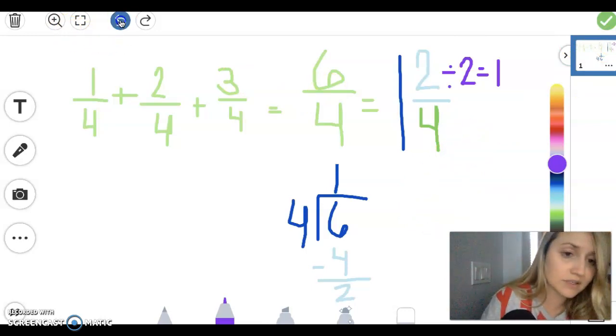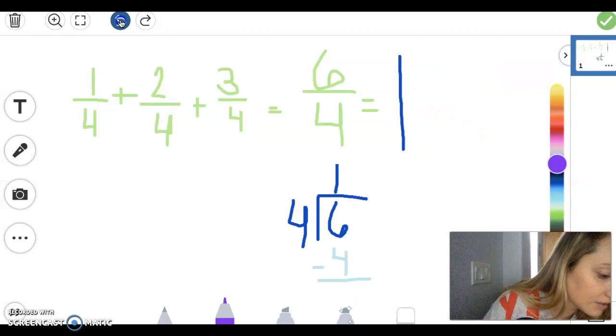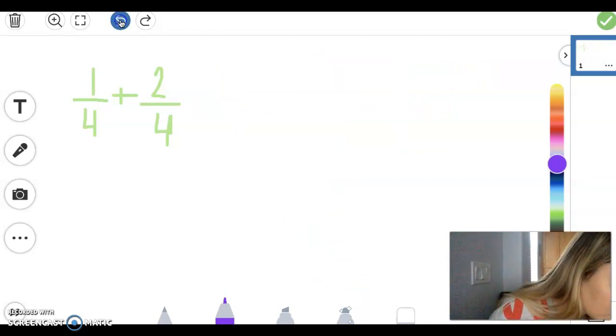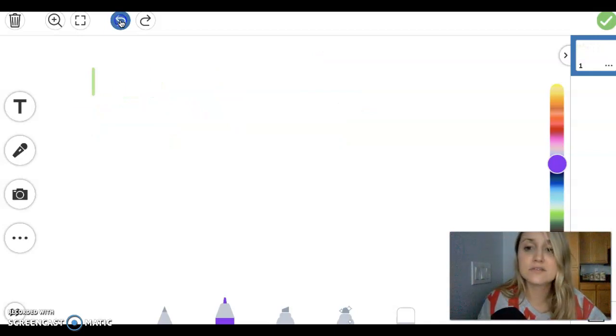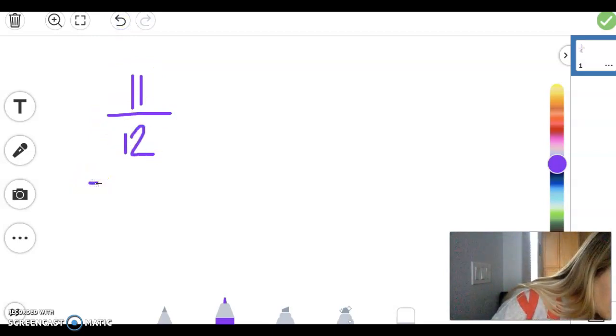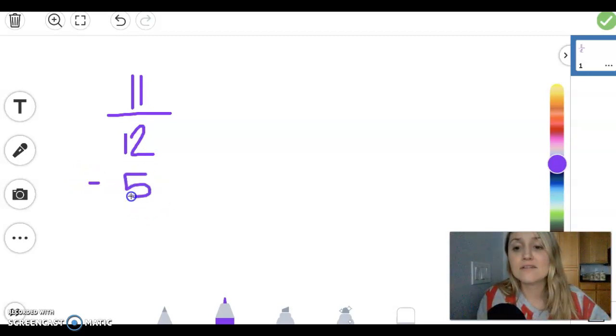And I'll do one more subtraction and then you guys are good to go. So let's do 11 twelfths minus 5 twelfths. Okay?